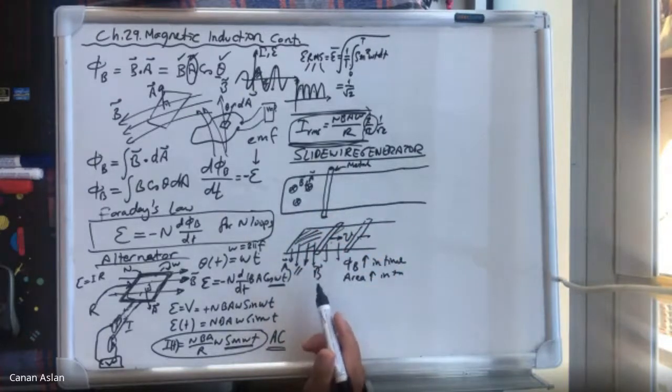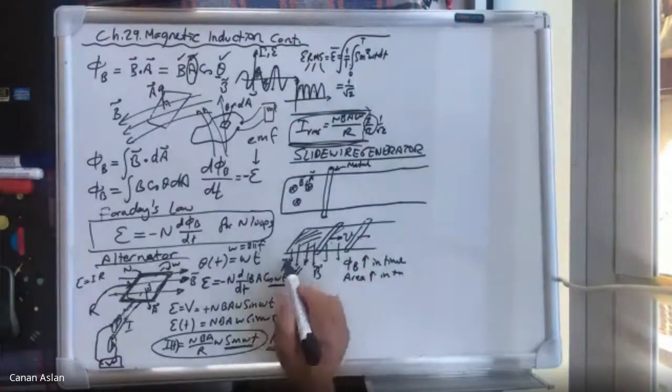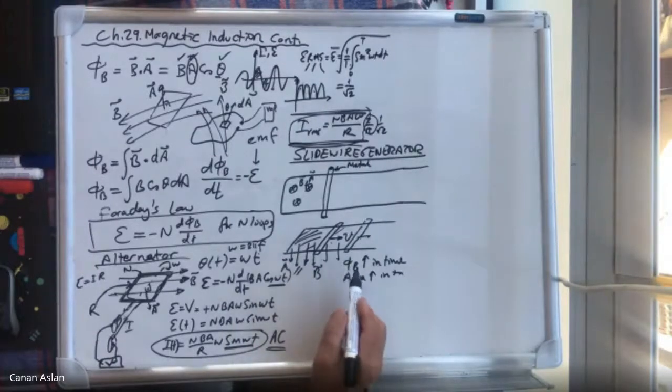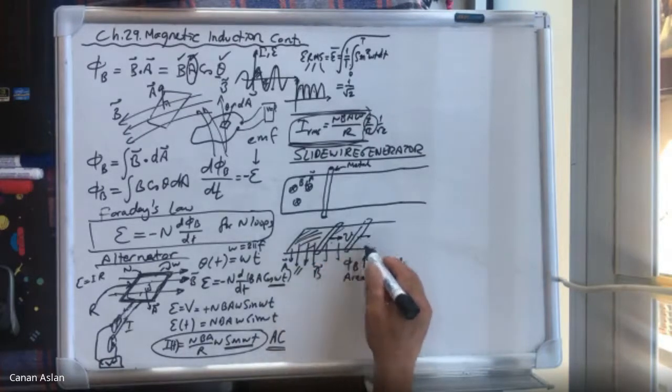So now, in this case, we observe some kind of current circulating through this system. And we would like to find the direction of the current. As you see, the magnetic flux, the area increases in time.